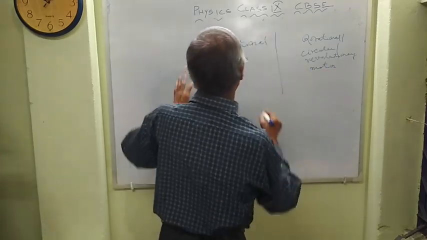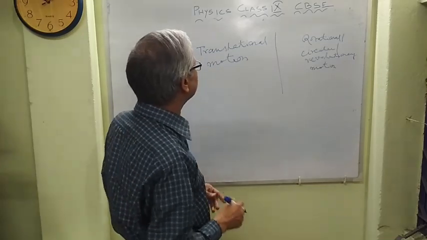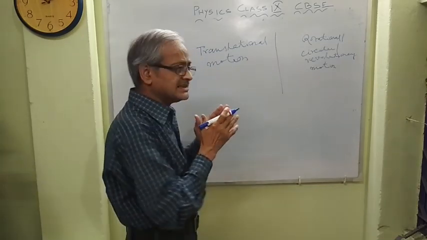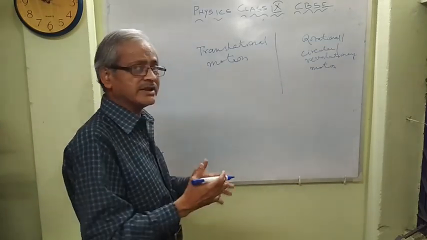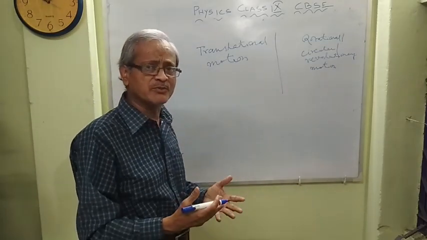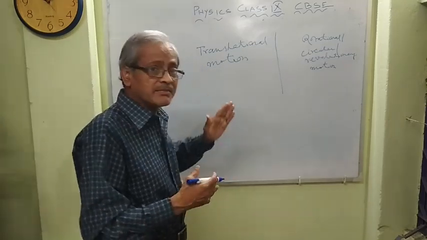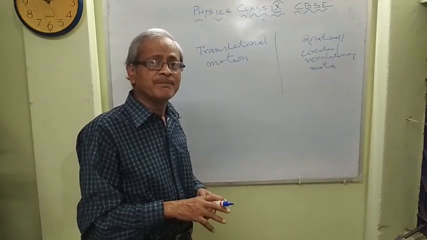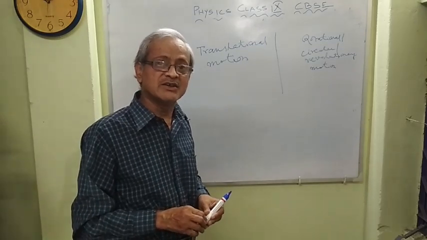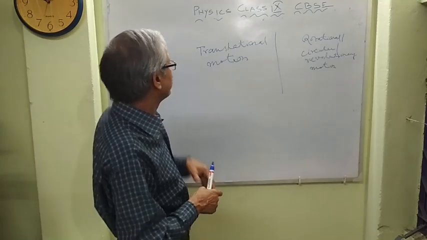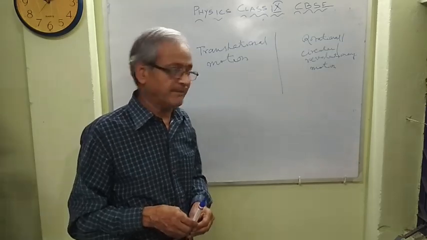Here, just see, we define translational motion of a body as that in which all parts of the body cover equal distance in a particular or given time.